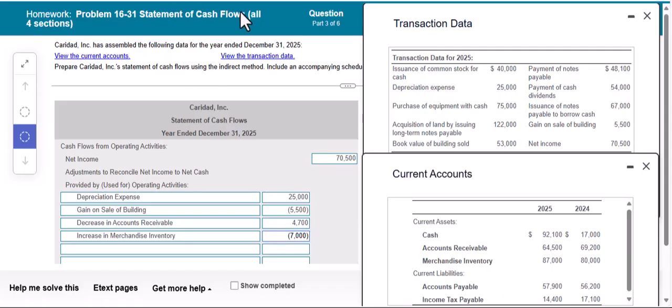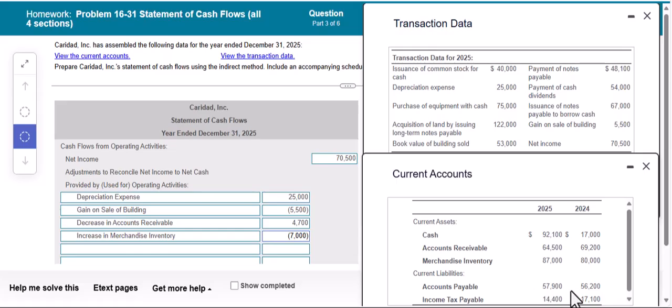And then next up, we are moving down to the current liabilities. So we have accounts payable first. 56,200 back in 2024. And it looks like it went up slightly by $1,700 to get 57,900.